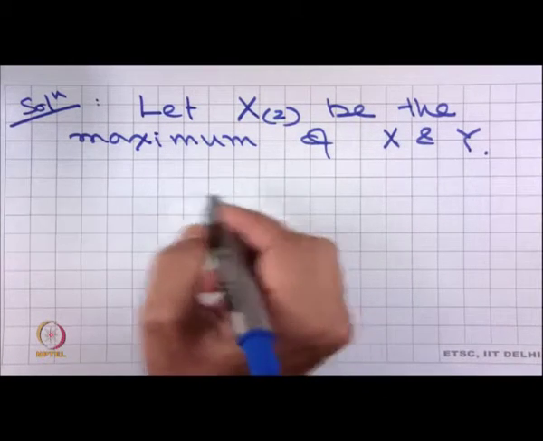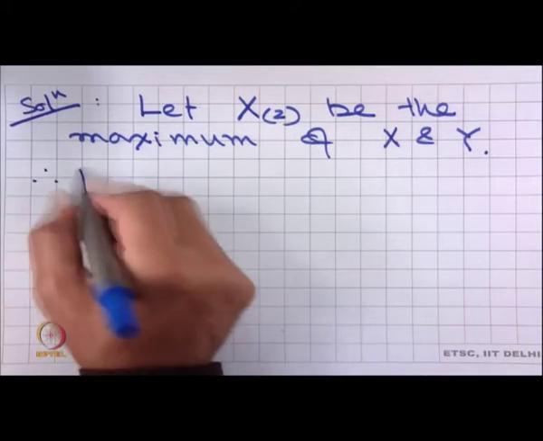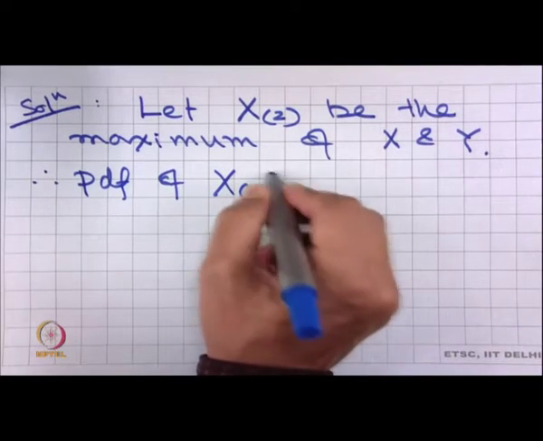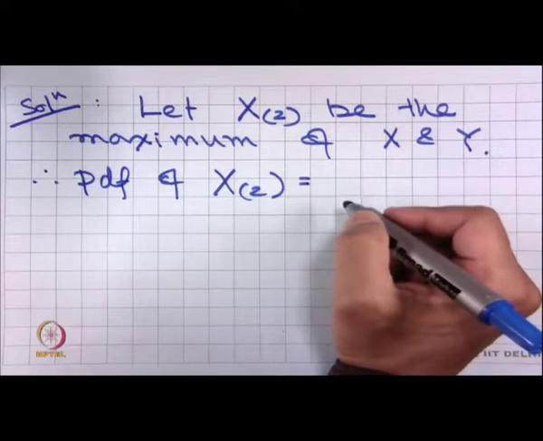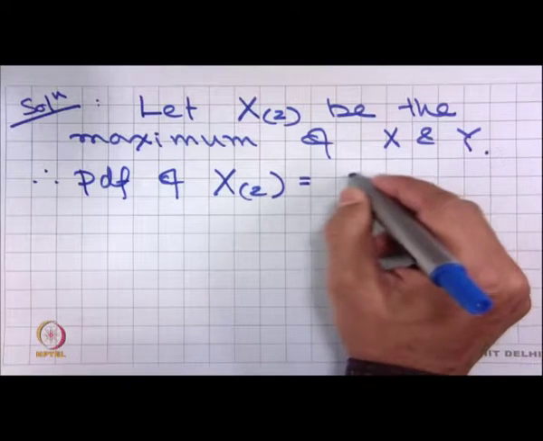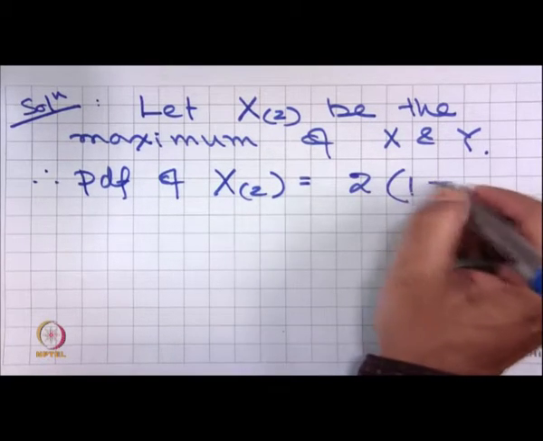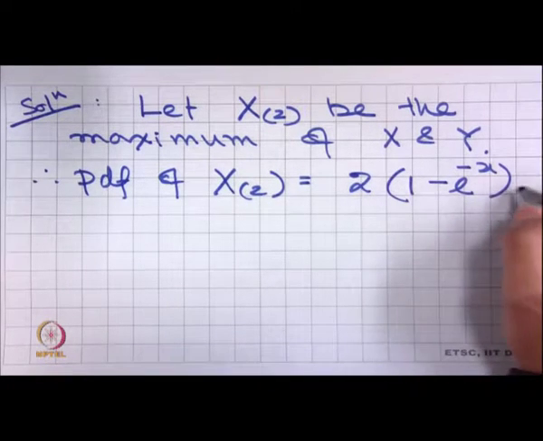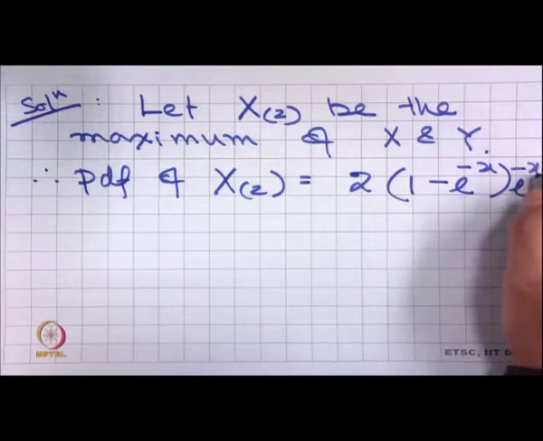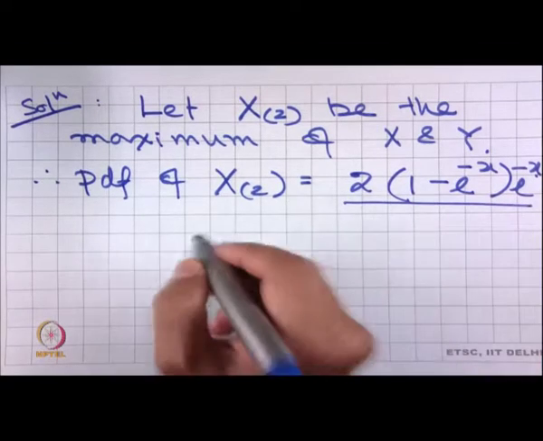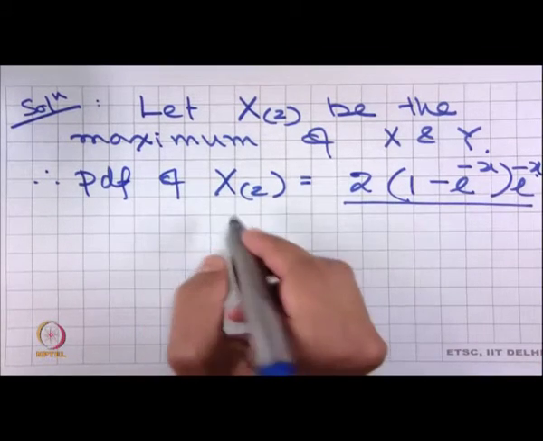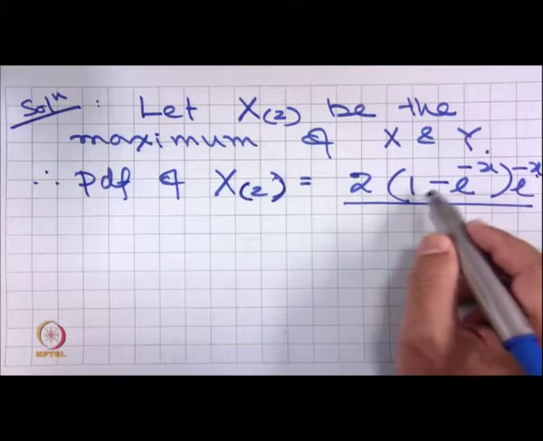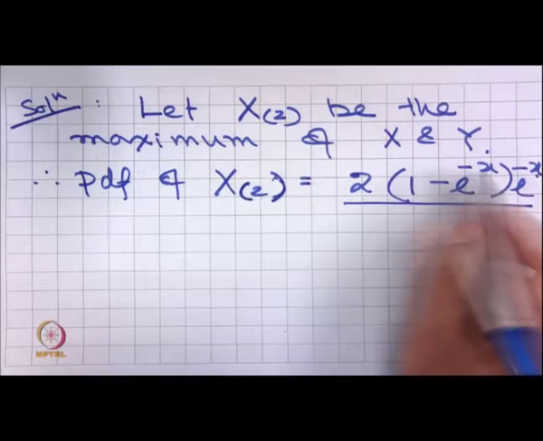So, what is the PDF of x 2? PDF of x 2 is 2 F x f x, that is, 2 into 1 minus e to the power minus x into e to the power minus x.